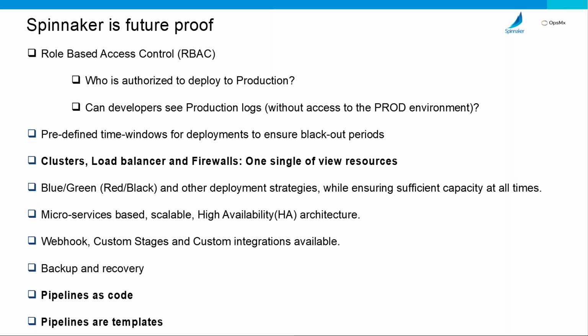Pipelines as code makes the whole architecture of the entire DevOps, it takes it to a new level. Even if the entire Spinnaker instance that we are currently using were to be blown away, we can set up the entire thing back, including all the pipelines, in less than an hour, because all the pipelines are stored as code in GitHub, and all we have to do is bring them back, and we are set.